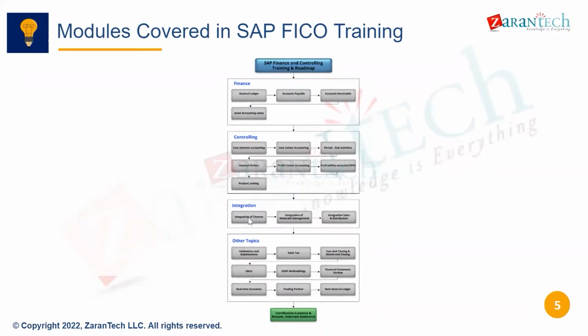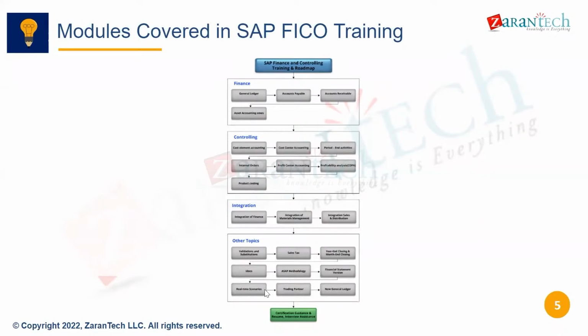And then we'll cover the integration modules, integration of FICO with materials management, and integration with the sales and distribution module. This is not a limited list, but we'll cover a few more topics as well: validation, substitutions, sales and purchase tax, IDOCs, SAP methodology, financial statements.